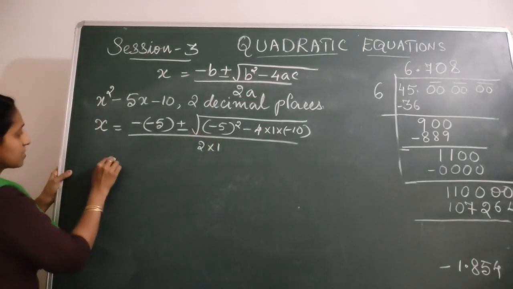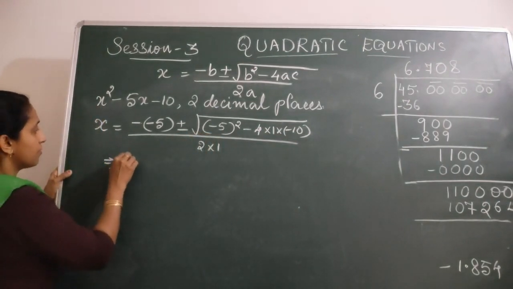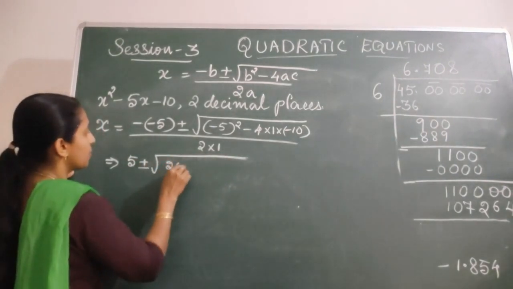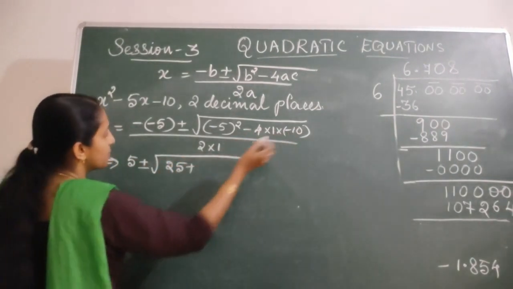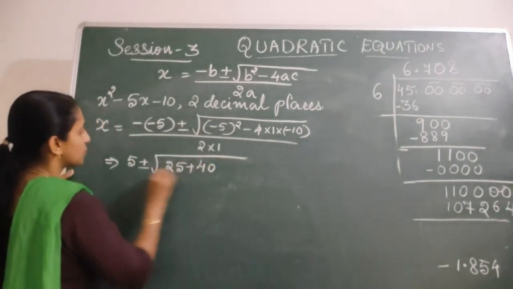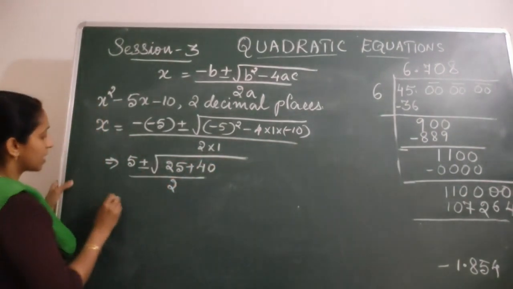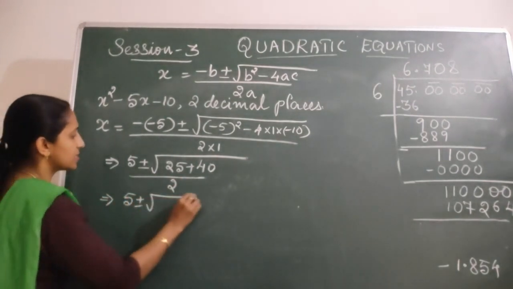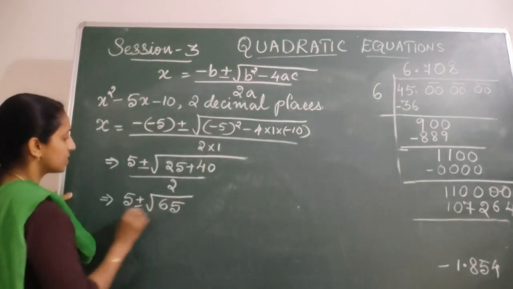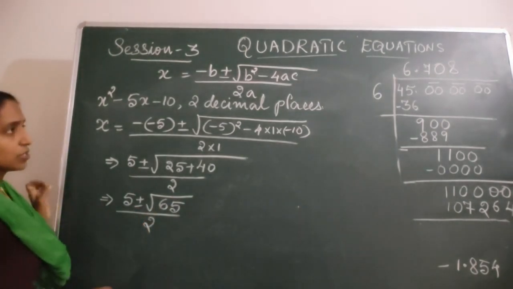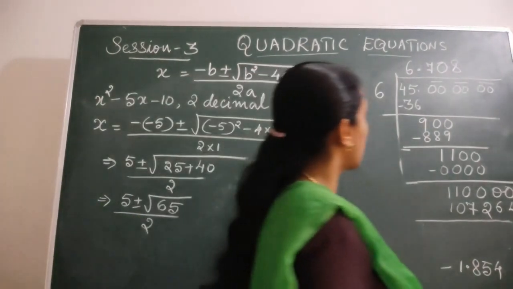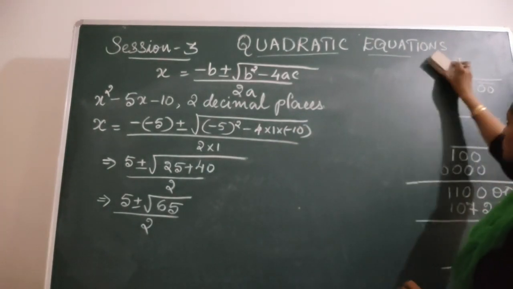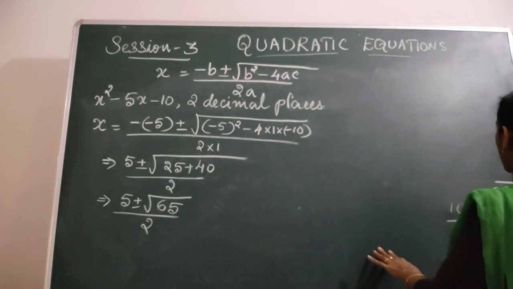So you will get x is equal to 5 plus or minus under root 25 plus 40, because minus 4 into minus 10. 25 plus 40 upon 2. You are getting 5 plus or minus under root 65 upon 2. So under root 65 you again have to go for the long division method. Under root 65. Okay.